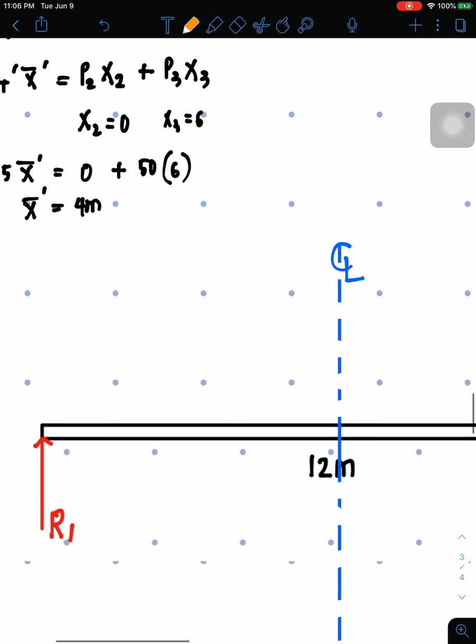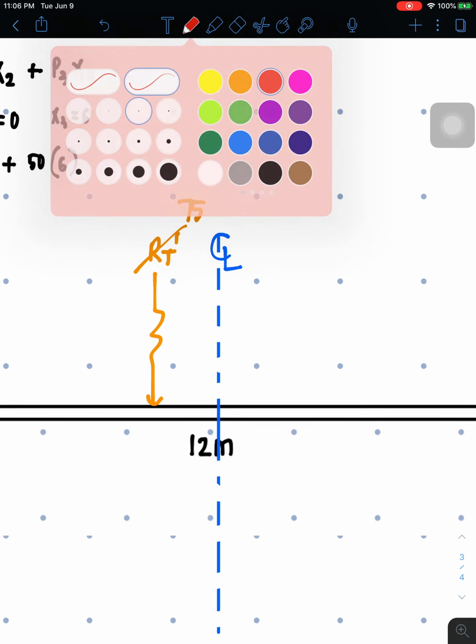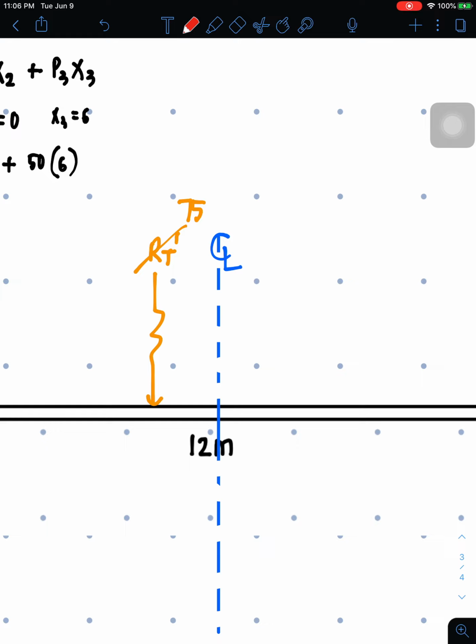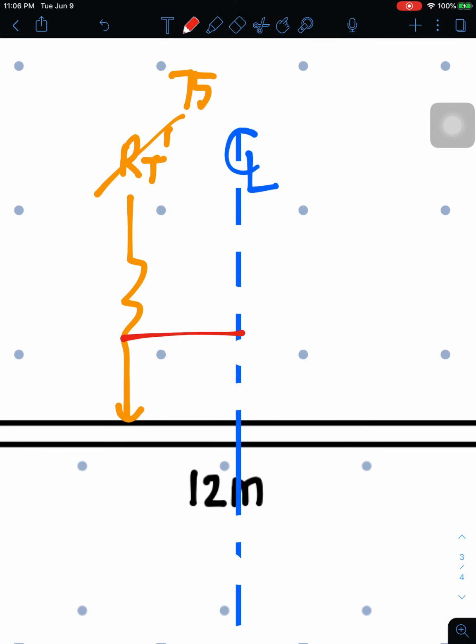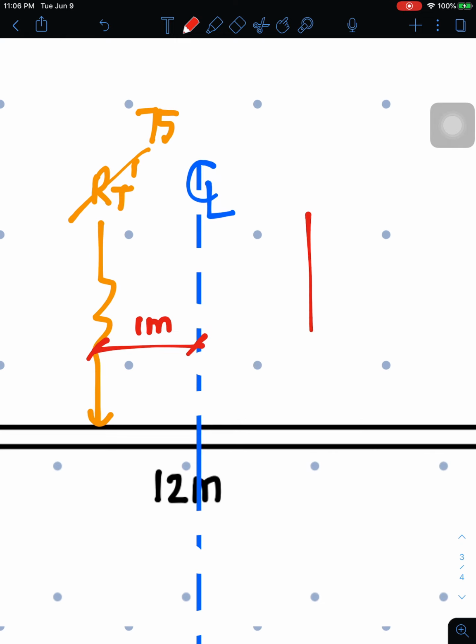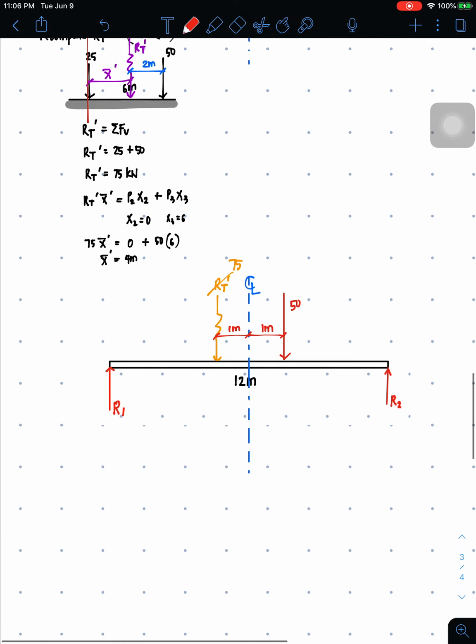So between the two, it's 1 meter. So ibutang na to that this is the new, and this is somehow equal to 75. And then I'll also place, by the way, this is 1 meter, and then the other one, this is 50, also 1 meter.